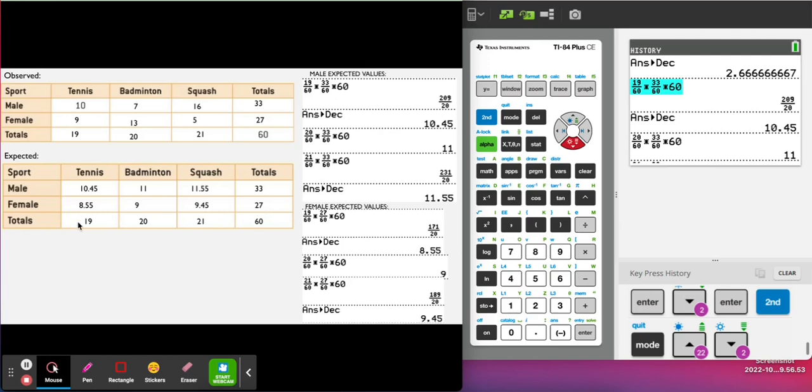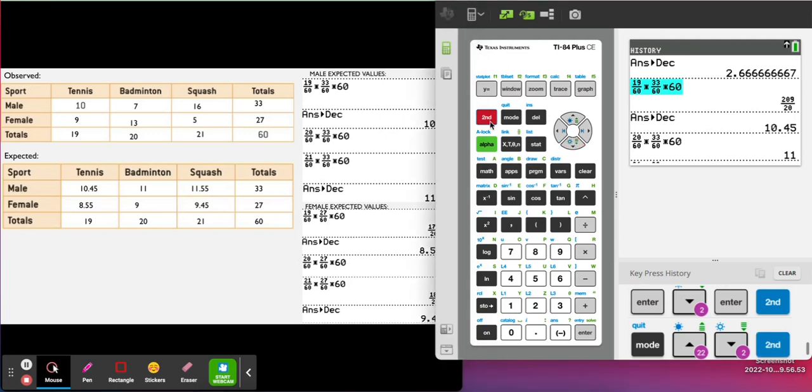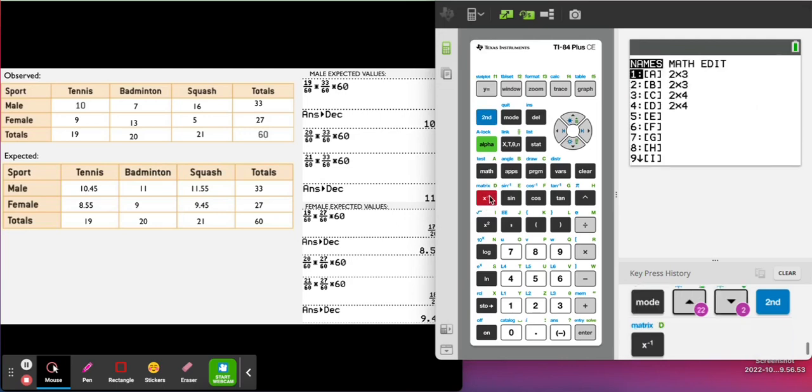So the first step is the expected value, right? We need to calculate this expected value. Once we have this, this is where we're going to put all of this information into our calculator. We need to input this information as a matrix. How do we do that? In your calculator, you click on second, and the matrix button is just over the x negative 1. So you click on matrix, go towards the right, and you edit your matrix.